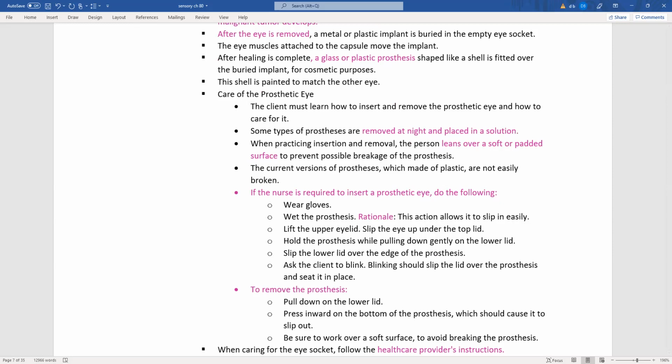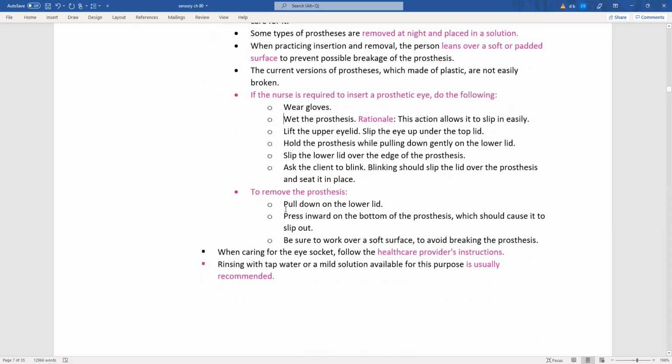Lift the upper eyelid and slip the eye up under the top lid. Hold the prosthesis while pulling down gently on the lower lid. Slip the lid over the edges of the prosthesis. Ask the client to blink. Blinking should pop it in place. It's going to be seated in place.